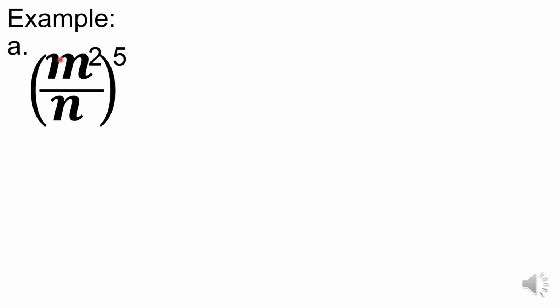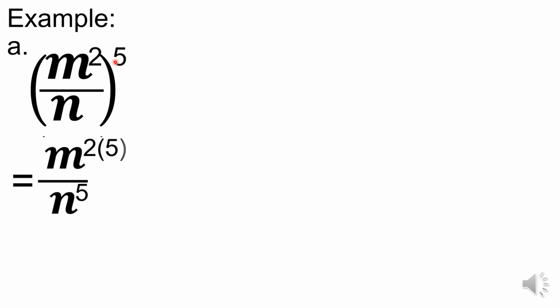Okay, another is the quantity m squared over n raised to 5. Again, in here, you apply power to power. So you have here m squared raised to 5, or 2 times 5, over n raised to 5.